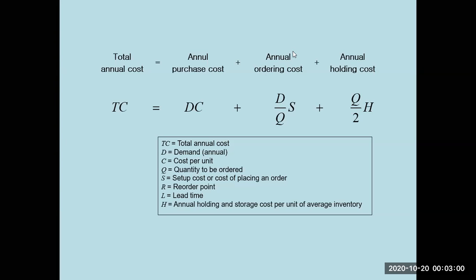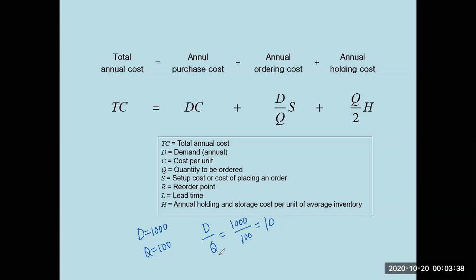And annual ordering cost, D divided by Q. If annual demand D equals 1,000, and we decide Q as 100, then D divided by Q equals 1,000 divided by 100 equals 10.